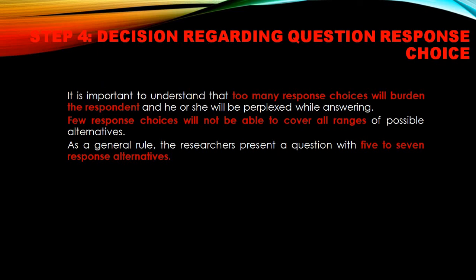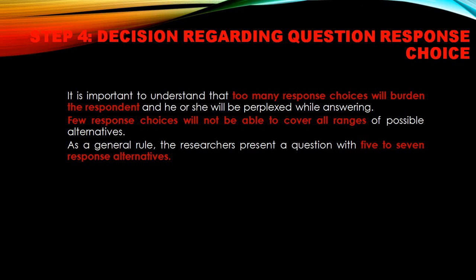Now, decision regarding question response choice, that is the step 4. Now, it is very important to understand that too many response choices will burden the respondent and he or she will be perplexed while answering. The more number of choices you are giving, the respondent would be burdened, he would be confused, and few response choices will not be able to cover all range of possible alternatives.